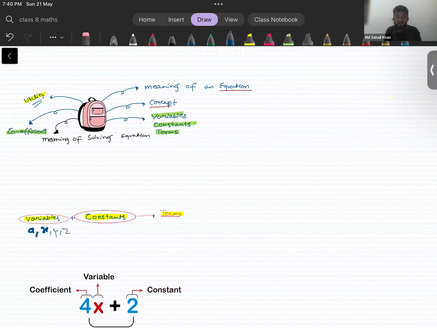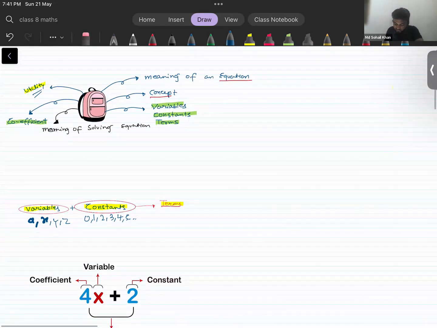Constants are basically whole numbers: 1, 2, 3, 4, including 0, 4, 5, etc. And they are called terms. Using these terms, we make algebraic expressions.